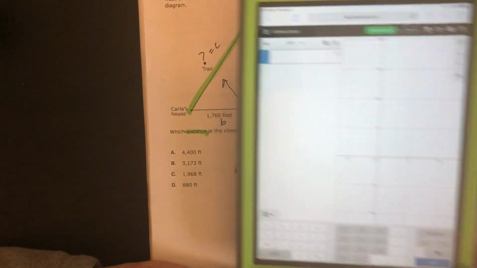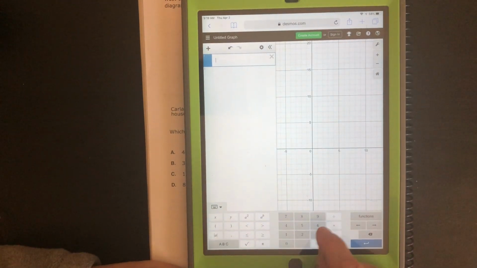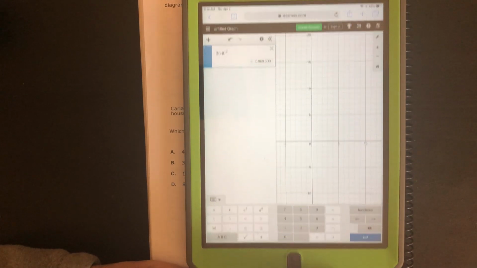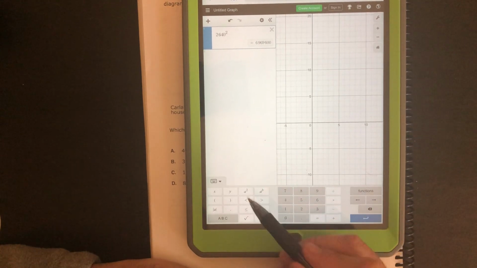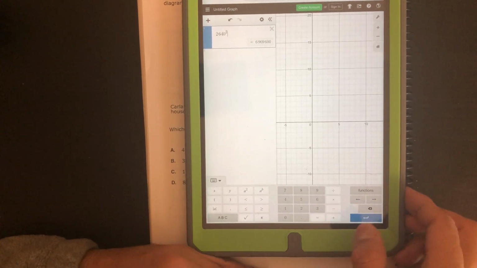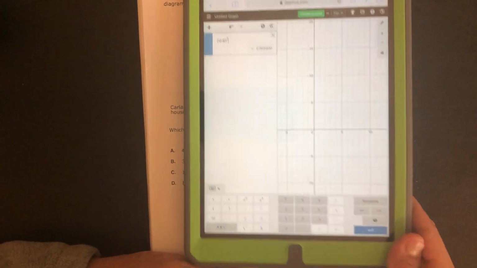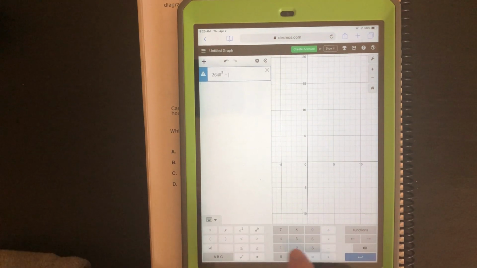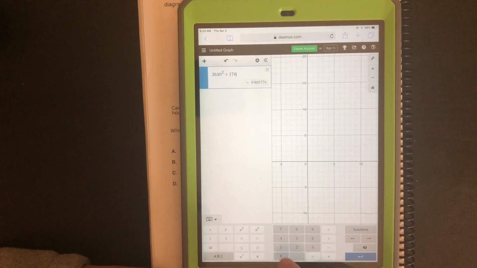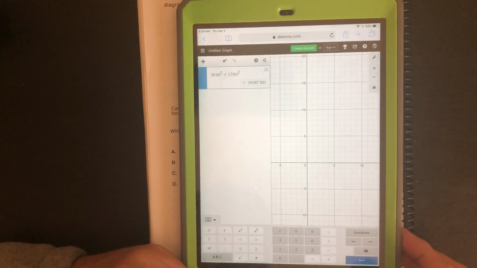Okay, so we are going to do 2640 squared. And don't forget the square is this button right there, which has the a to the power of 2. If you click that button, it will give you the exponent of 2, okay? And then plus 1760 squared.